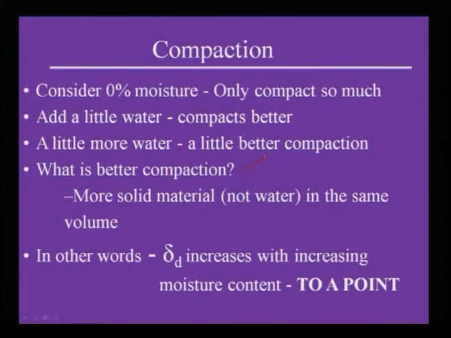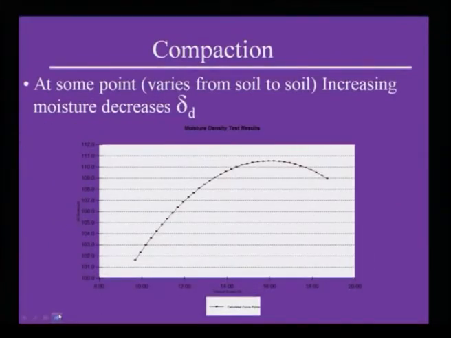In other words, dry density, rho d, increases with increase in moisture content. Now, if I plot dry density rho d versus moisture content, look here, at some point increasing moisture decreases the dry density.